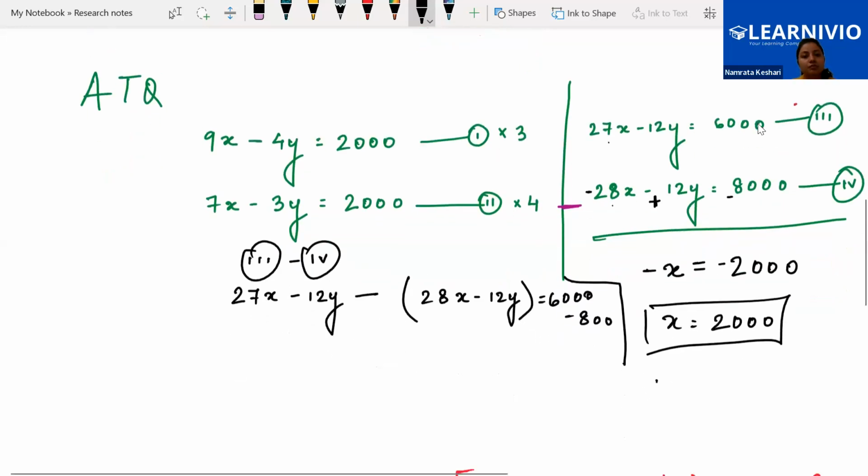We can use any one of the equations. Let's use equation 1 only. So 9x, x is 2000. Everyone, please find the y value and let me know what you are getting.